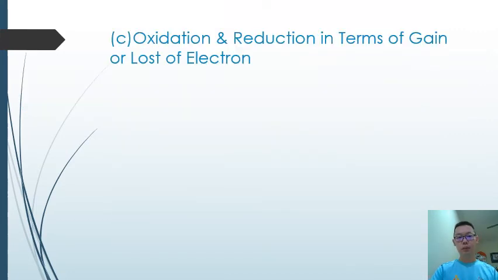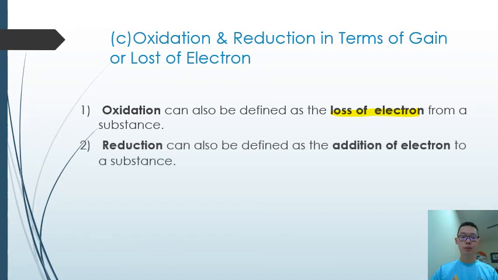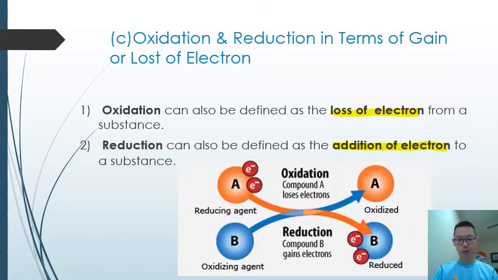Criteria number 3. Oxidation and reduction in terms of gain or loss of electrons. Oxidation can also be defined as a loss of electrons from a substance. Reduction can also be defined as the addition of electrons to a substance. Let's look at this diagram.